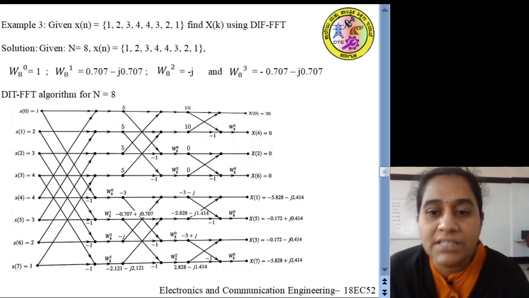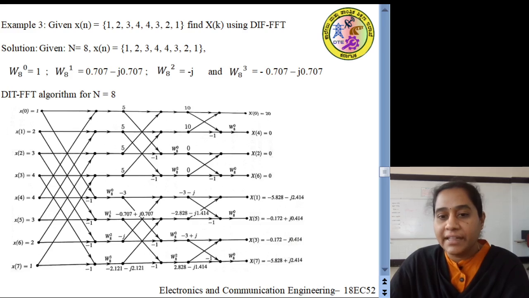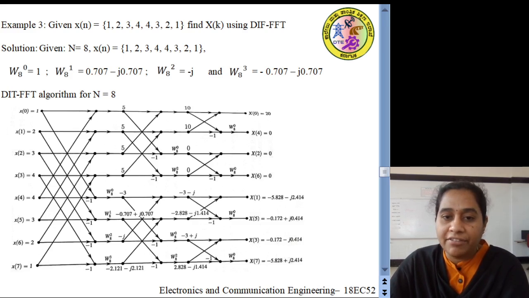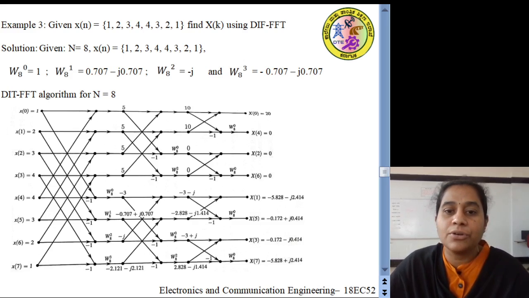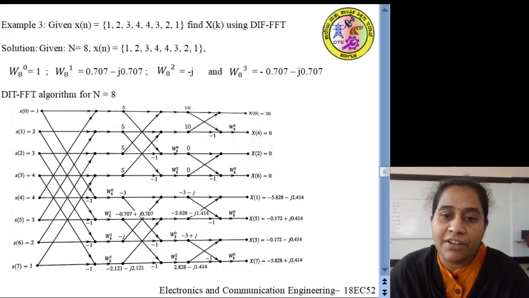So for doing this, we have to write the flow graph first. After writing this flow graph, we have to give the input values. We have to write the inputs in natural order. So x of 0 is equal to 1, x of 1 is equal to 2, x of 3 is equal to 4, x of 4 is equal to 4, x of 5 is equal to 3, x of 6 is equal to 2 and x of 7 is equal to 1.